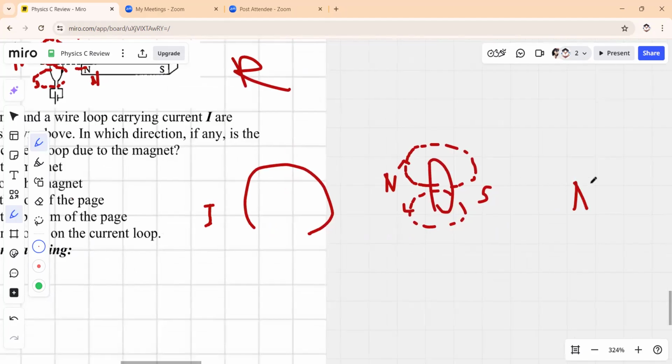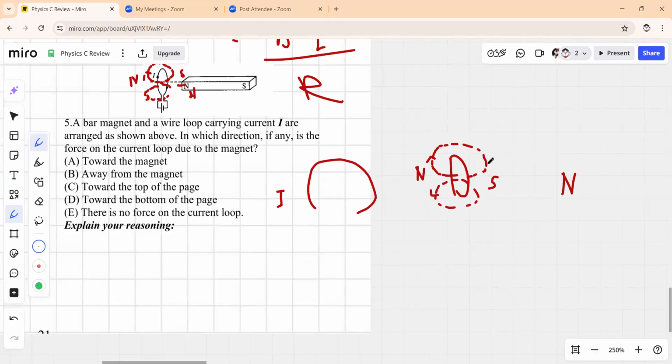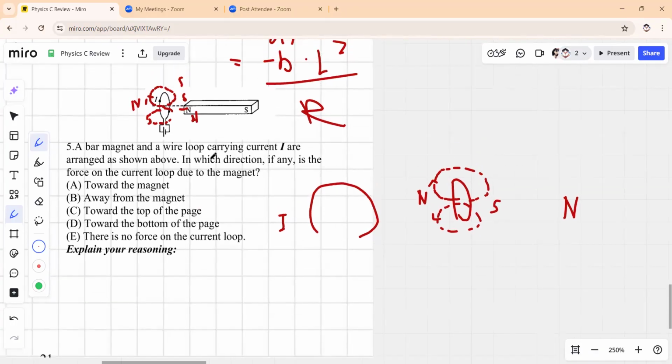Because the magnet is north here, opposites attract, so the force is towards the magnet. Opposite poles on a magnet attract.